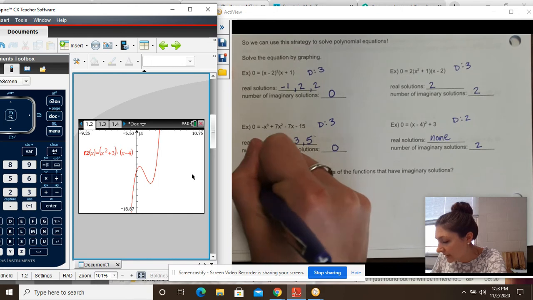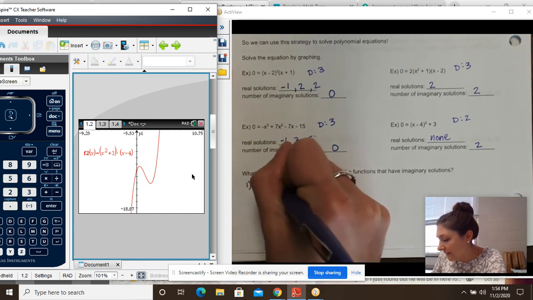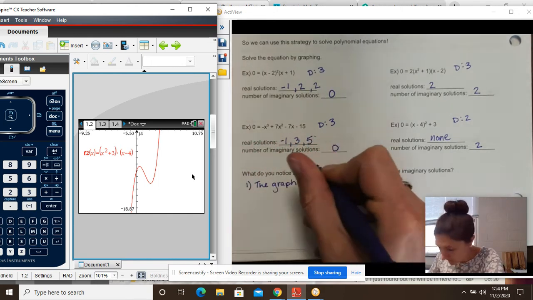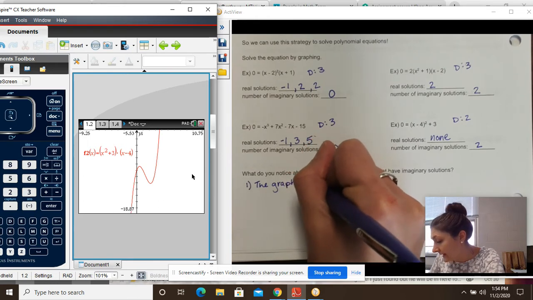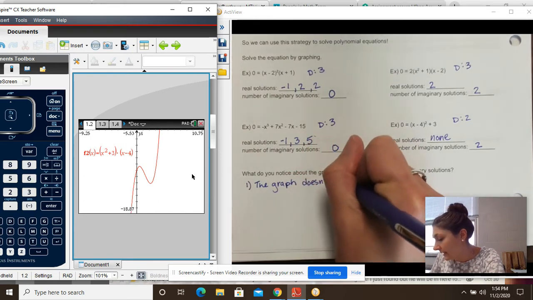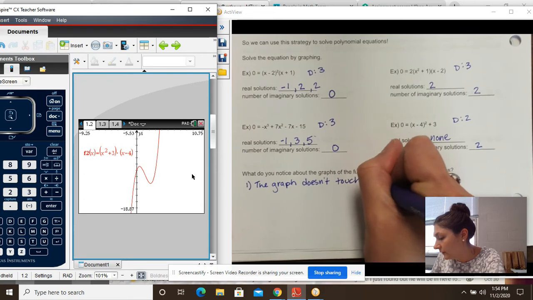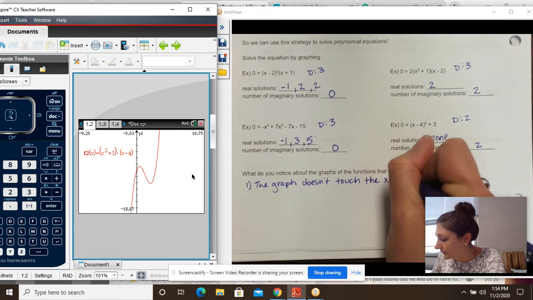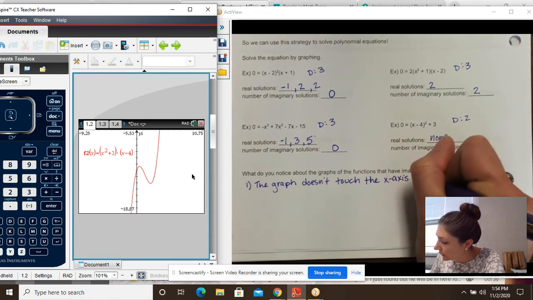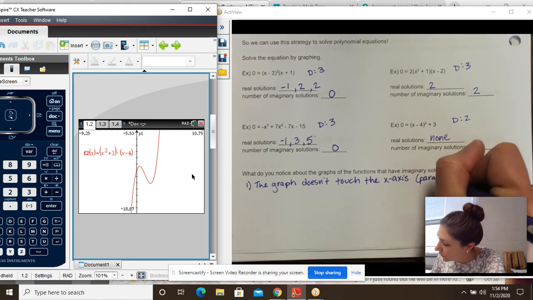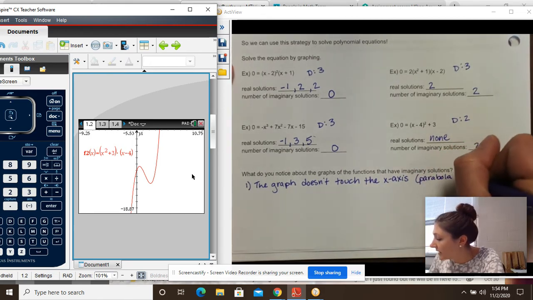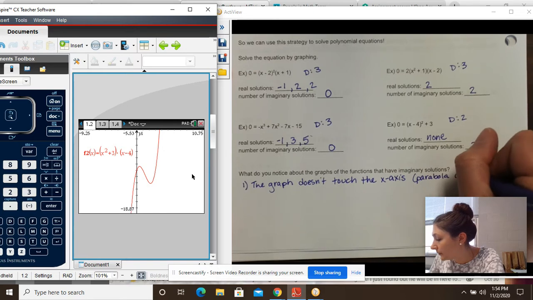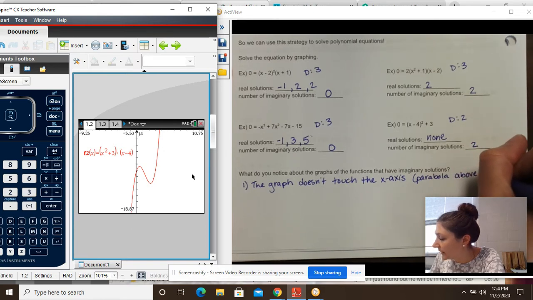So one option is the graph doesn't touch the x-axis, like our parabola that opened up and was above.